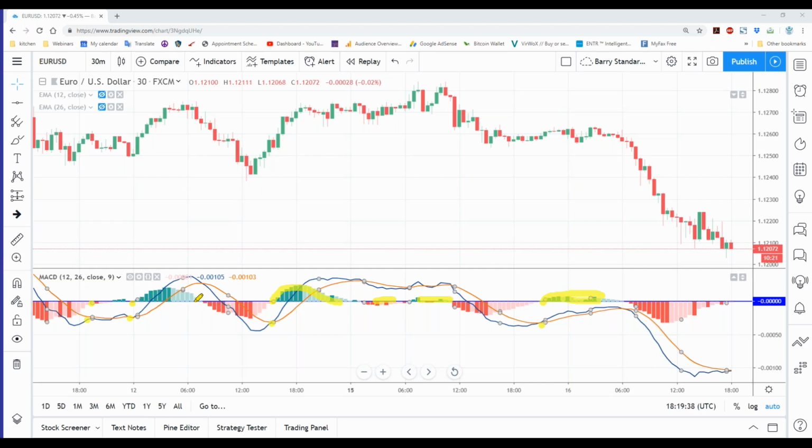So you have the crossovers to give you transaction signals. You have the overbought and oversold indicators when the MACD line pulls radically away from the signal line or forms a very high peak or a very low valley. It's telling you that that asset is overbought or oversold.